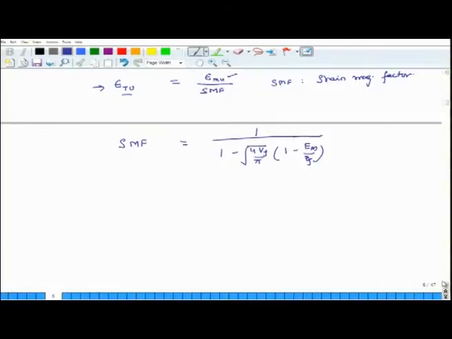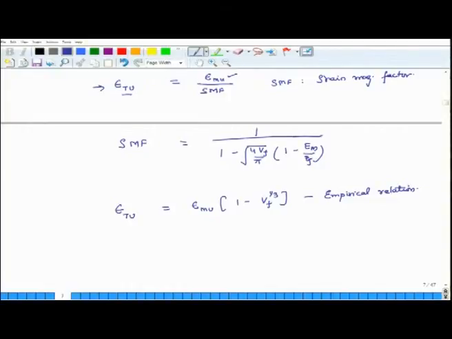There is a third relation which is also sometimes used, and this is also for strain, and this is equal to epsilon mu into 1 minus Vf to the power of 1 by 3. So, this is an empirical relation, especially in cases when Em over Ef is very small, which is true in most of the cases.